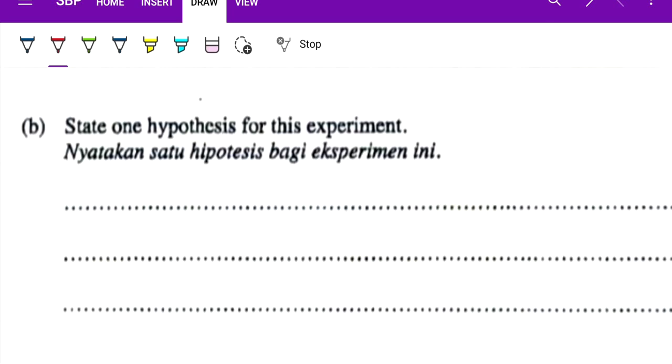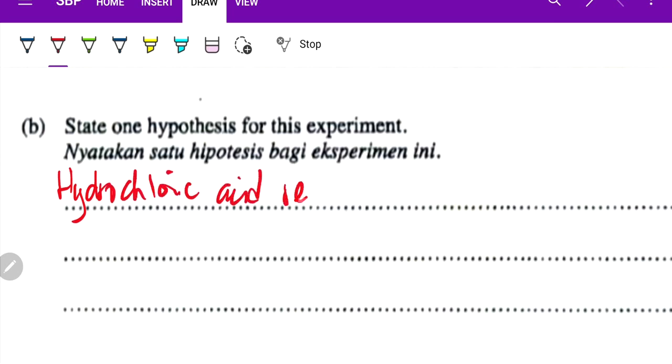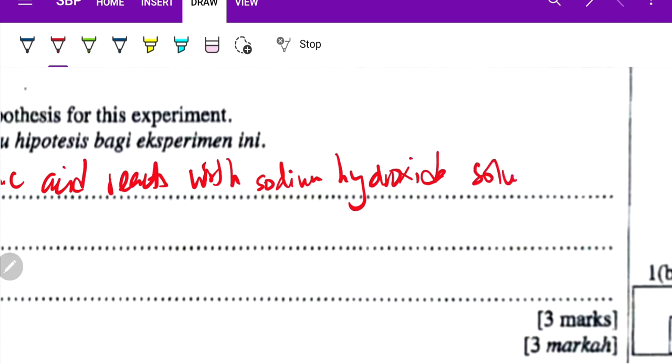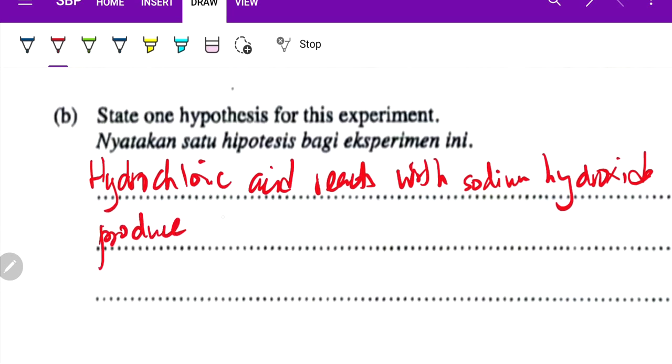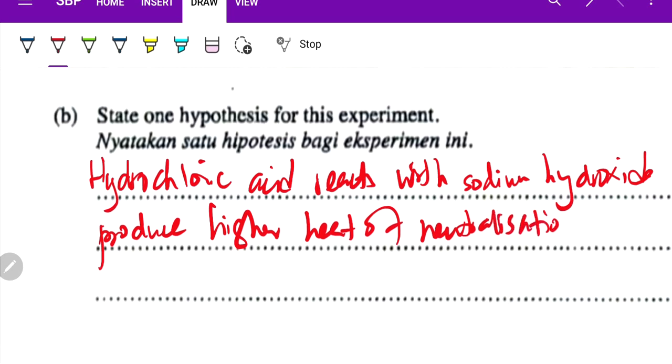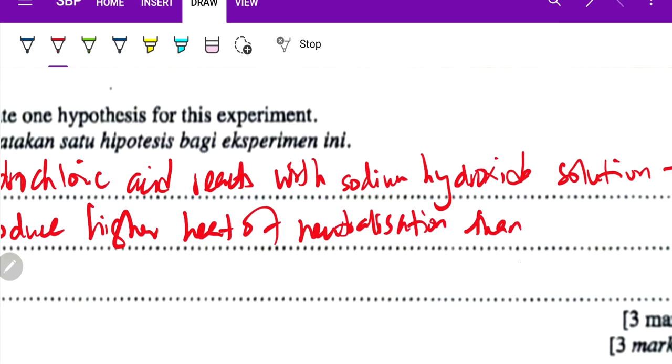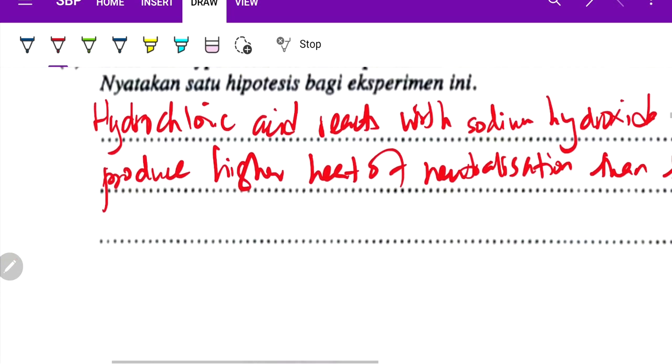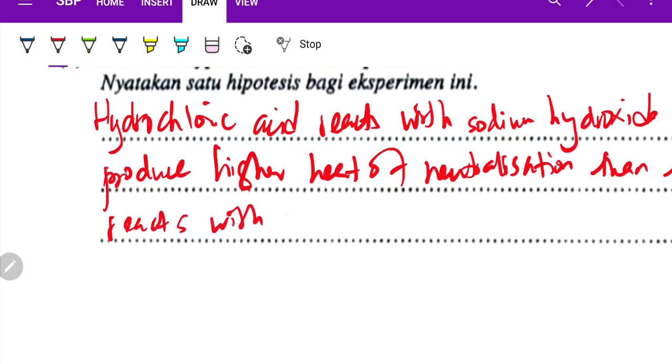So we can make a hypothesis like this: hydrochloric acid reacts with sodium hydroxide solution to produce higher heat of neutralization than hydrochloric acid reacts with ammonia.